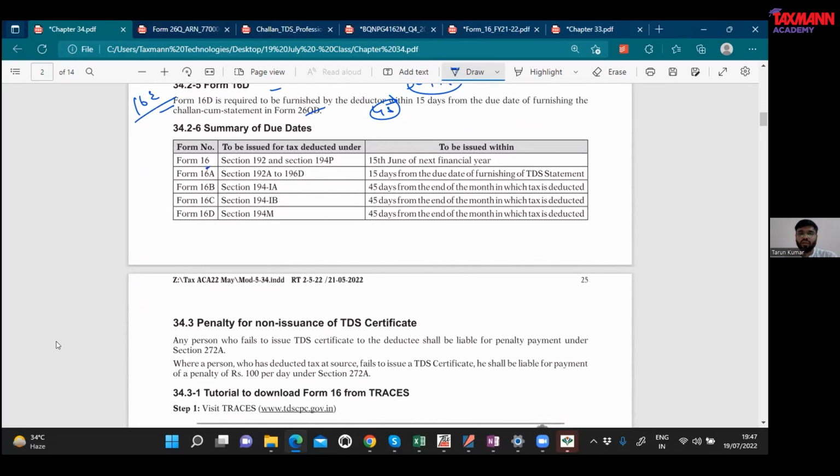Form 16 is to be issued for section 192 or 194P by 15 June, annually once a year. Form 16A is to be issued 15 days from the due date of furnishing of the TDS statement. 16B, 16C, 16D are to be issued 45 days from the end of the month in which tax is deducted.